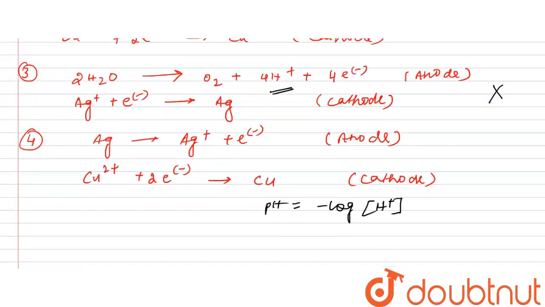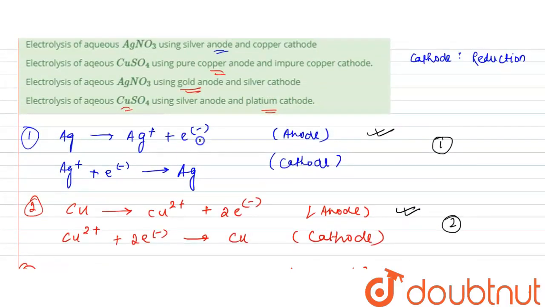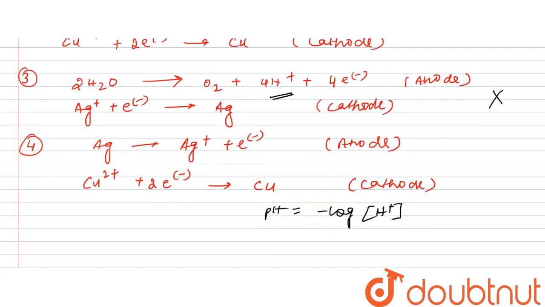Now in the last case, we have taken silver anode. Ag will give Ag plus, so mass of anode will decrease, and since there is no change in the concentration of hydrogen, the pH will remain the same in the fourth case also.